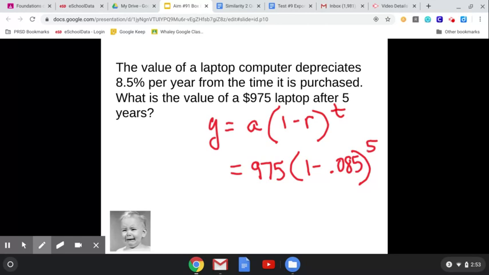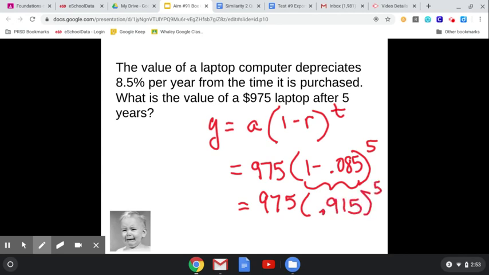Now you can do this math in here. I prefer to do that before I go right to my calculator, and that gives me 0.915 to the 5th. Now go ahead, type that right into your calculator. It should tell you how much a laptop is worth after 5 years. I got $625.33.